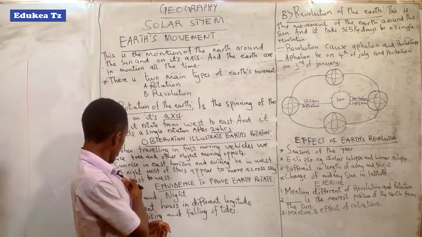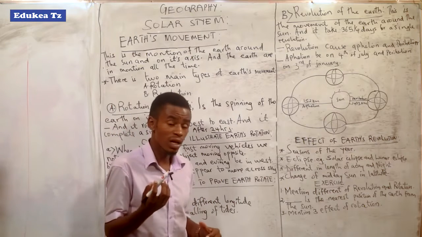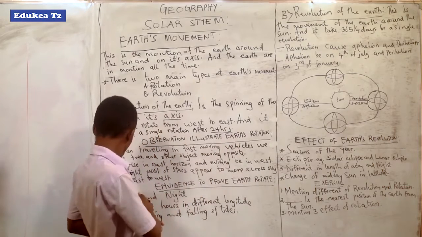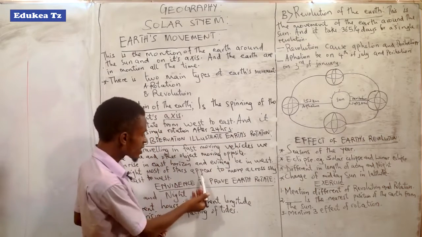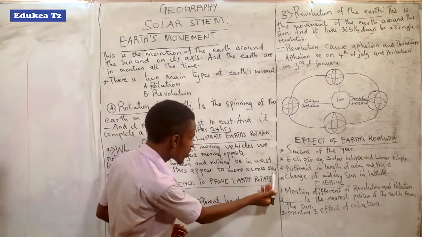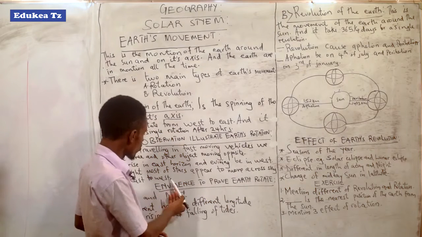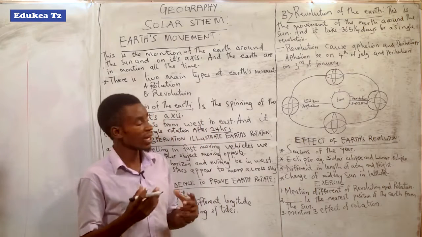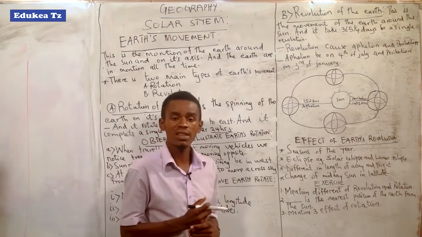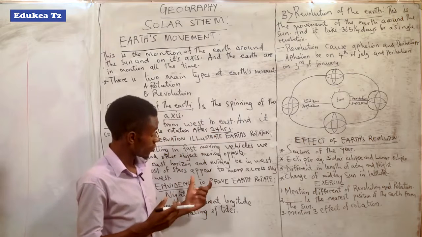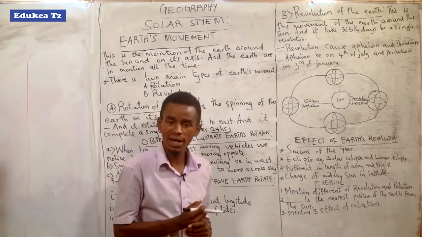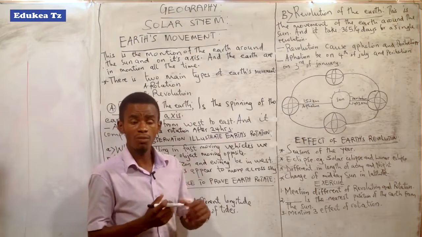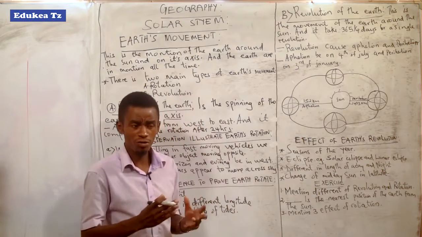Also, there is another observation to show that the Earth is rotating: at night most of the stars appear to move across the sky from east to west. You can make it a simple experiment. During the night, stay outside and look at the sky for a certain time.